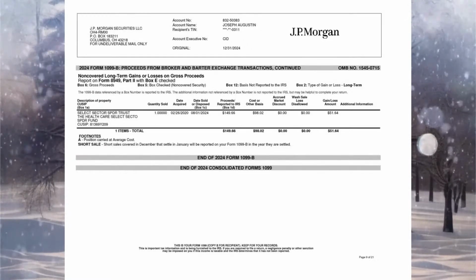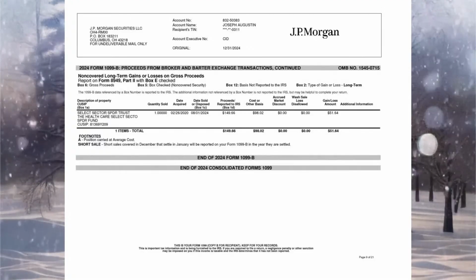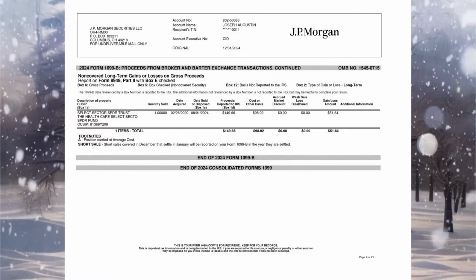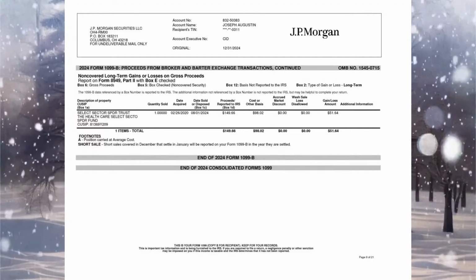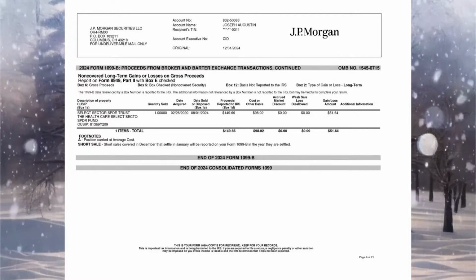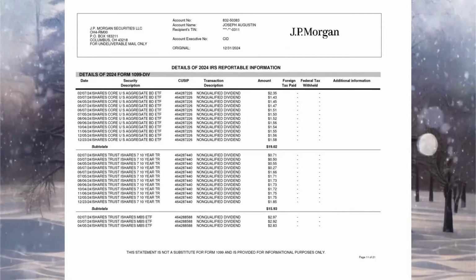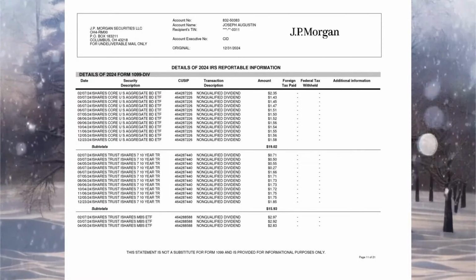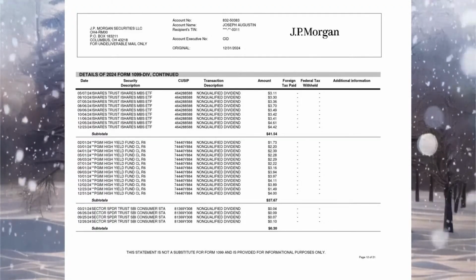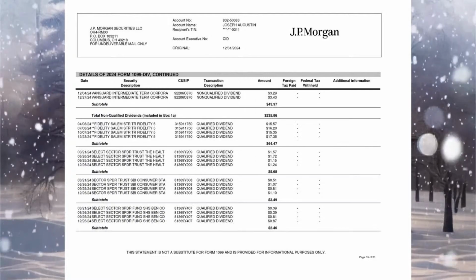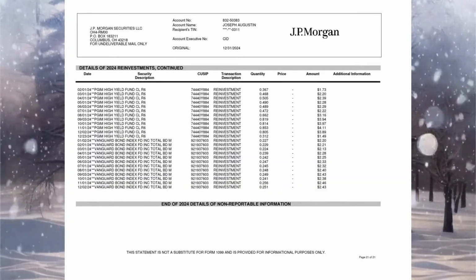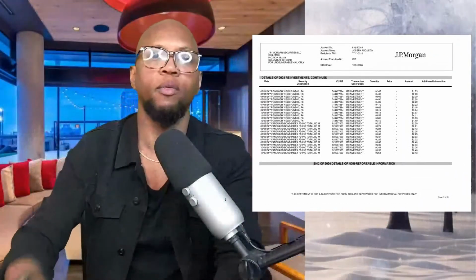If you're required to file a return, a negligence penalty or other sanctions may be imposed on you if the income on this is taxable and the IRS determines it has not been reported. Look at what it says at the very bottom there versus what it says here. The statement is not a substitute form. It's provided for informational purposes only. Very different messages. And that's how we report this info.